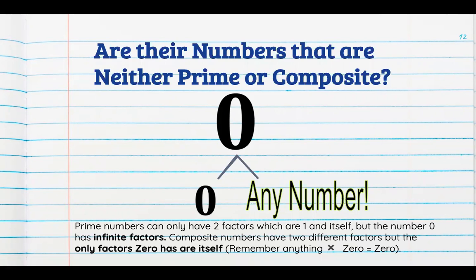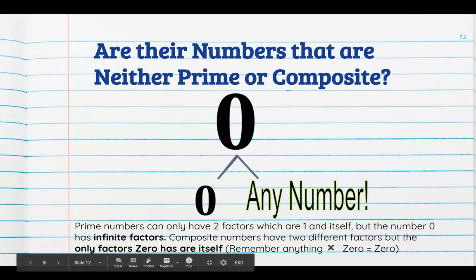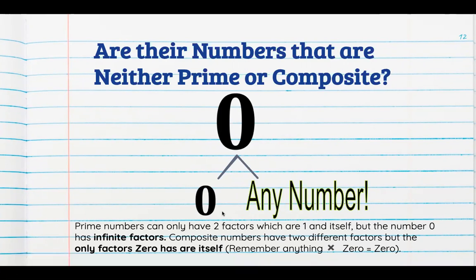Composite numbers have two different factors, but the only factors 0 has are of itself. So that means 0 is neither prime or composite, because it doesn't have multiple factors. But it can't be prime because this number right here can be infinite different things.